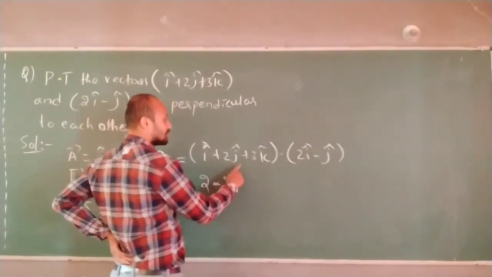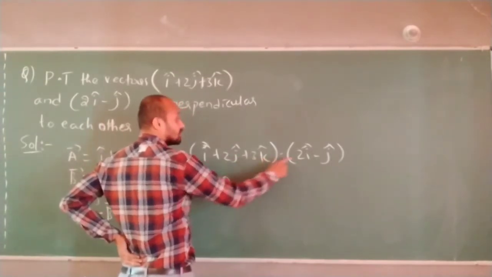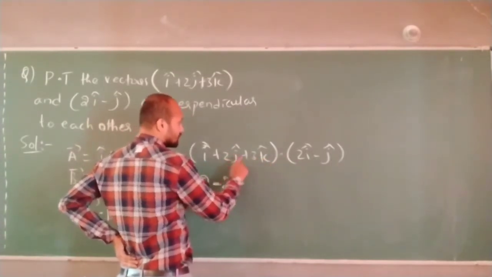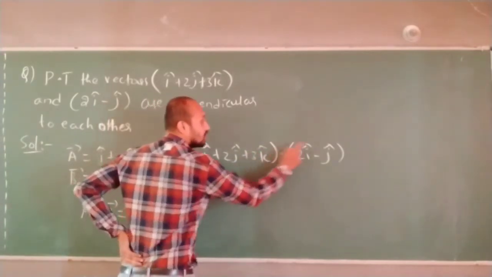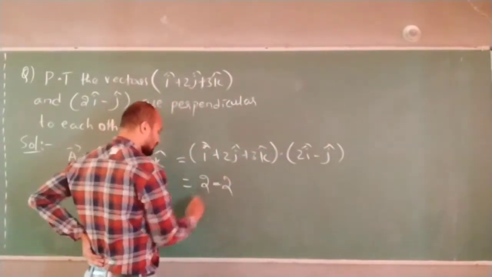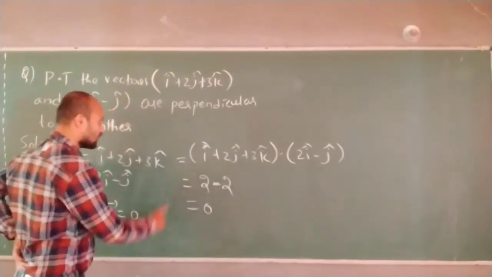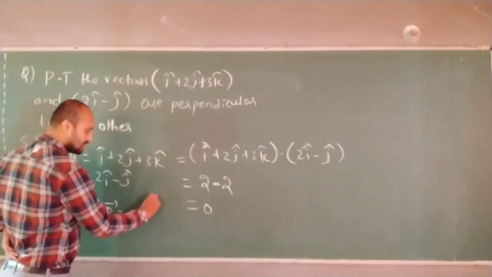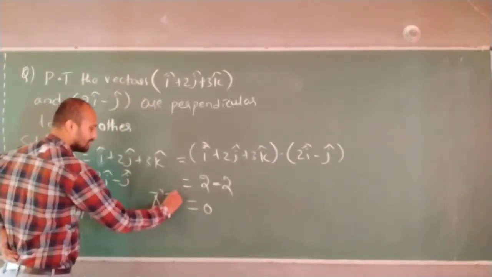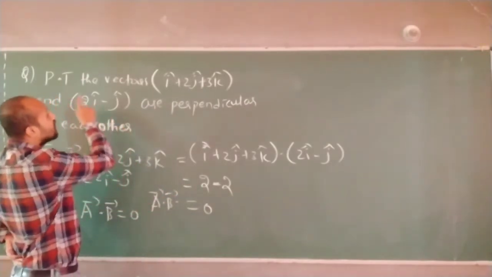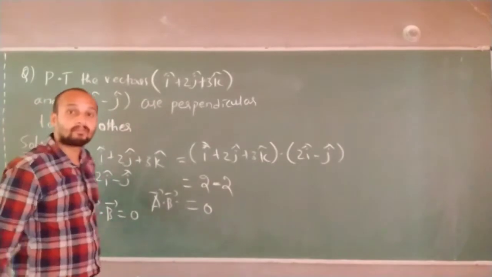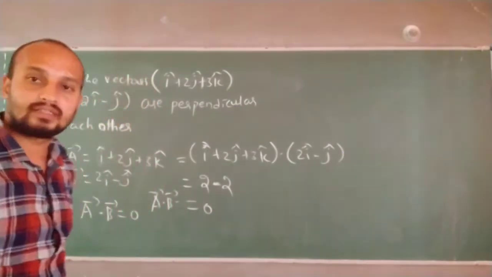Then j dot i is 0, k dot i is 0, k dot j is 0. So the total value remains 0. So A dot B is 0. LHS I wrote 0, so 100% these two vectors are perpendicular to each other.